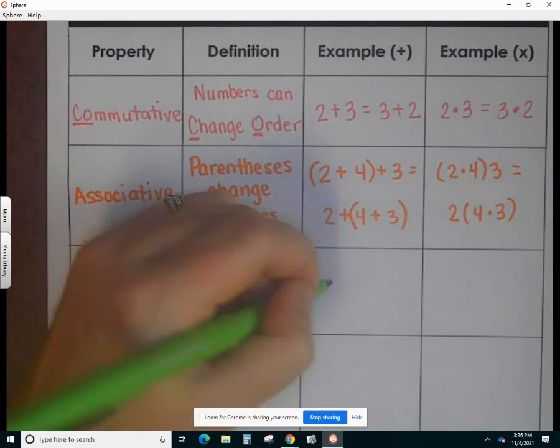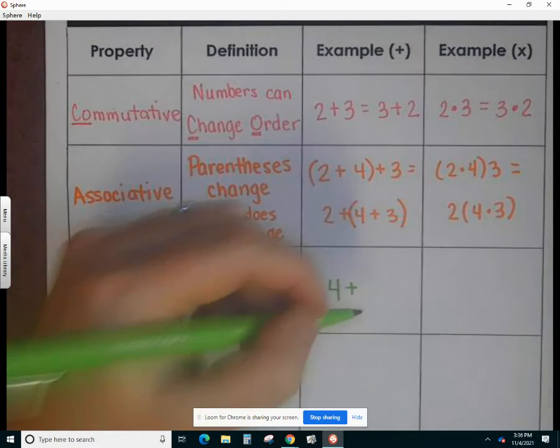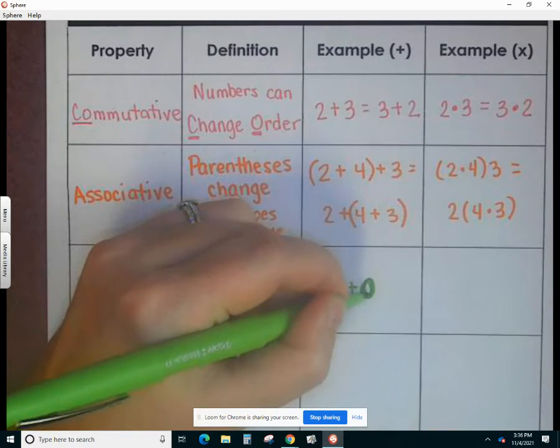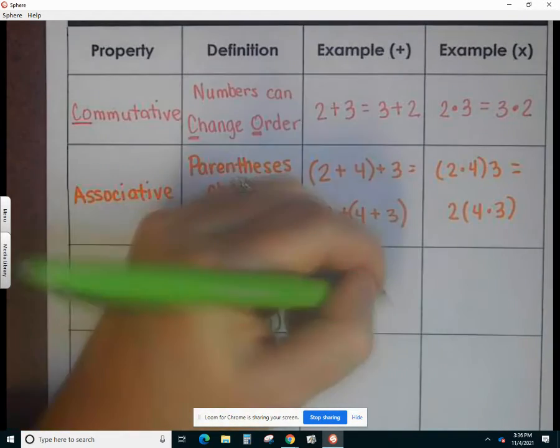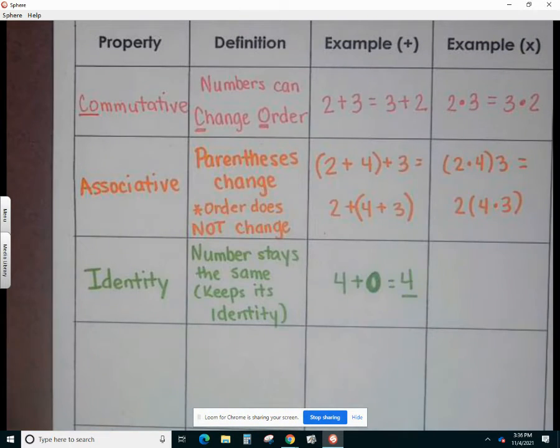There is something you can add to any number to make it stay the same, and that is 0. And I'm going to kind of make the 0 stand out here. So if I add 0 to 4, or any number, it just stays the same, right? It kept its identity. So that's the identity property, that you can add 0 to any number and it's going to stay the same.